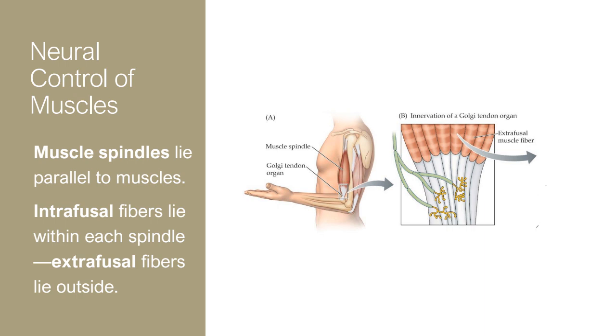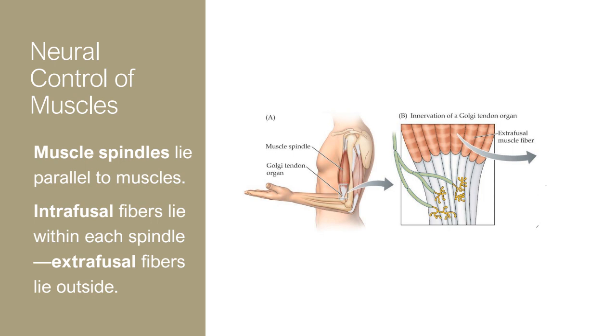The first element in this feedback loop that will tell the brain how much a muscle has been stretched is the muscle spindle. Muscle spindles are structures embedded in the muscle, and they serve as a source of information about muscle length. So they tell the brain about muscle length.